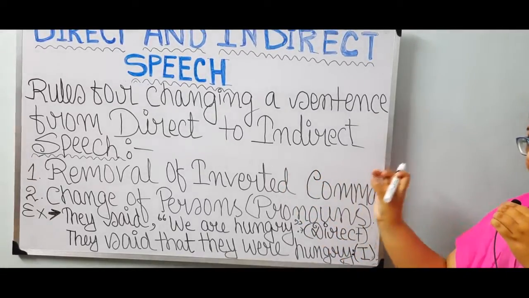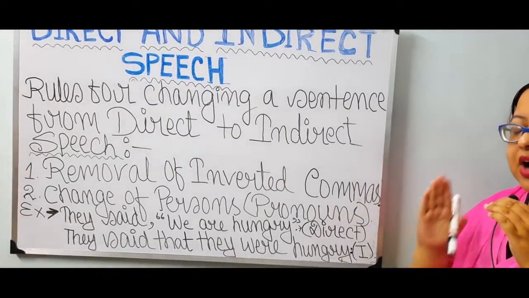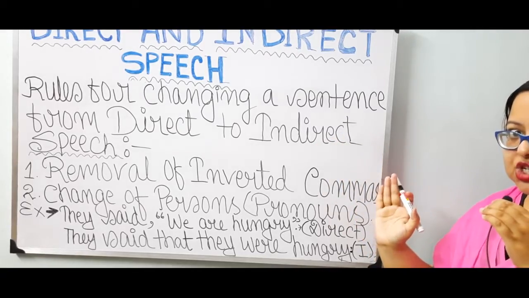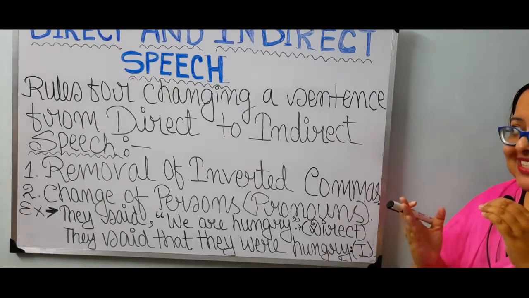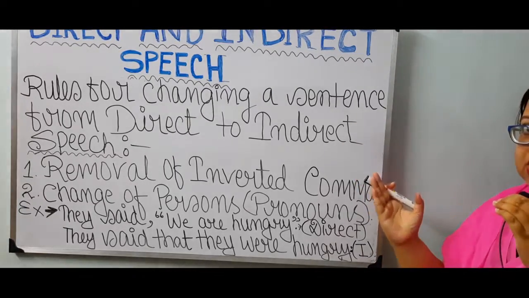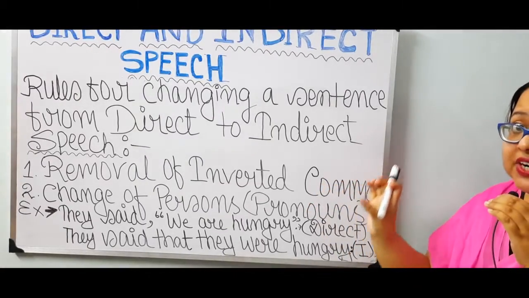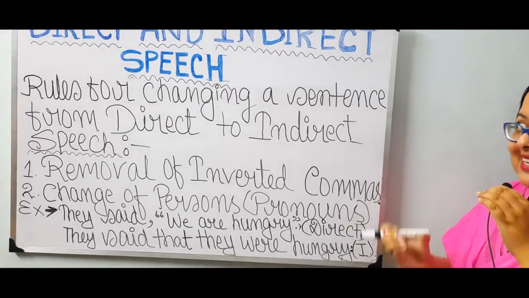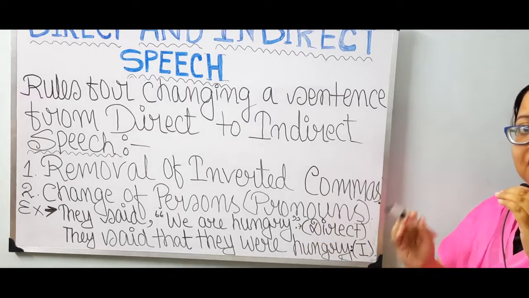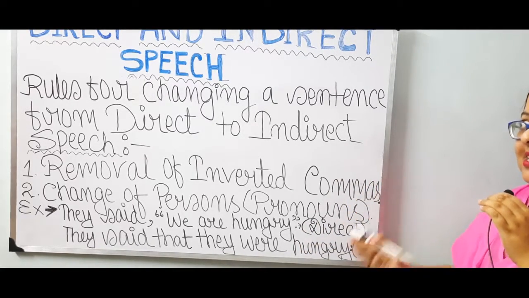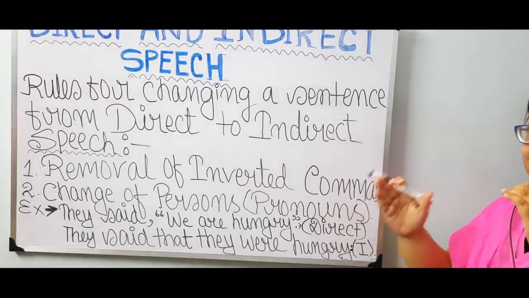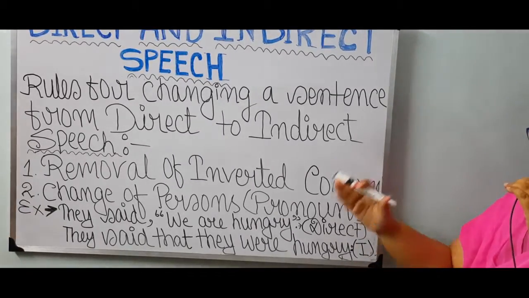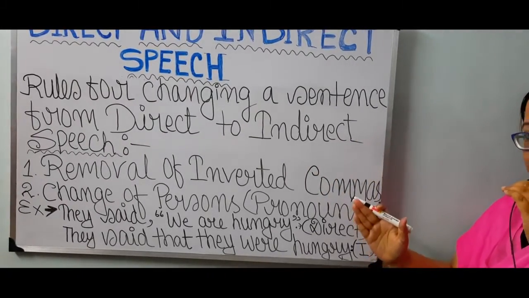Removal of inverted commas means that when you are changing a sentence from direct to indirect speech, you have to remove the inverted commas that were put when you wrote the same sentence in the direct speech.